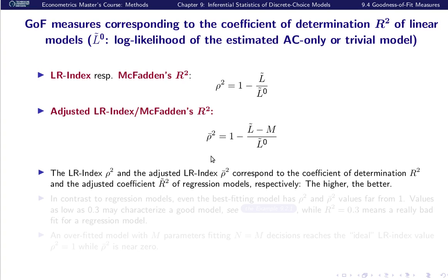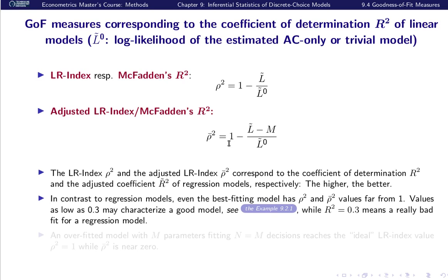There's one difference to regression models, however. In regression models, values of rho tilde squared of 0.3 would be pretty bad, a really bad fit. However, in decision models, a value of 0.3 could even be very good, depending on the model, particularly if it has many alternatives. So in this sense it's not really absolute, because you can only say which model is better, also for non-nested models.